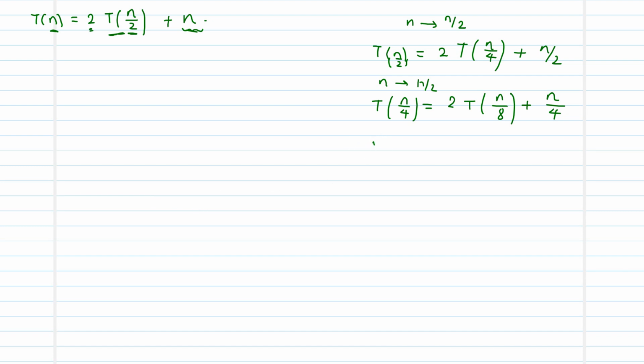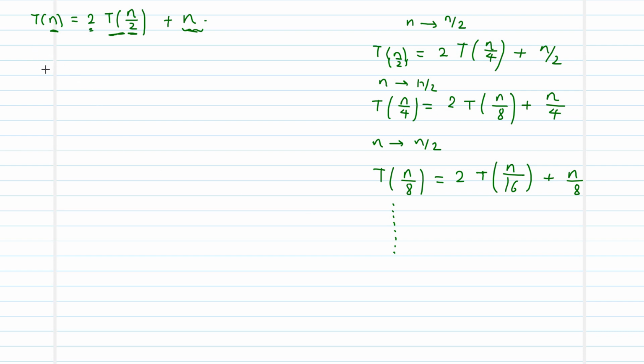Now if I replace n by 2 again, I will get T of n upon 8, which is equal to 2 times T of n upon 16 plus n upon 8. The same way the process continues.